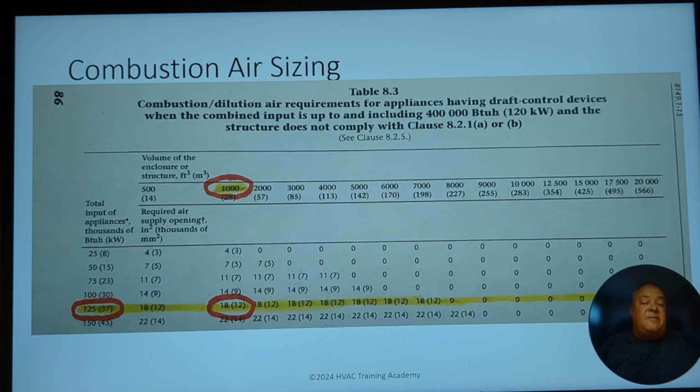You go down to 125, and again, you're going to get an 18 there. You'll get an 18 all the way across here for quite a few areas of the table, meaning that we've got to go, either we go back outside, because you still got that option.